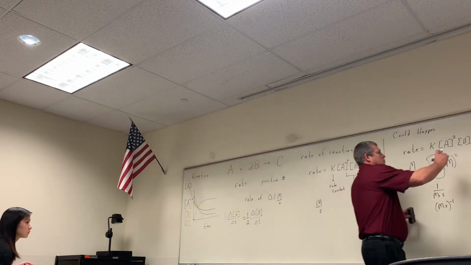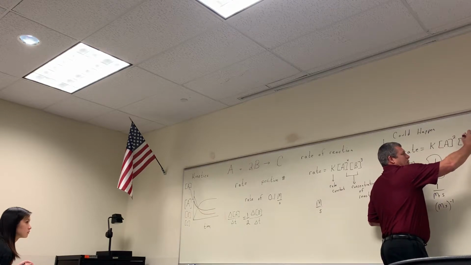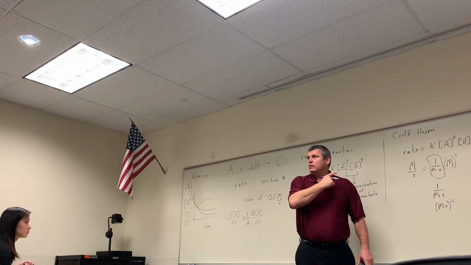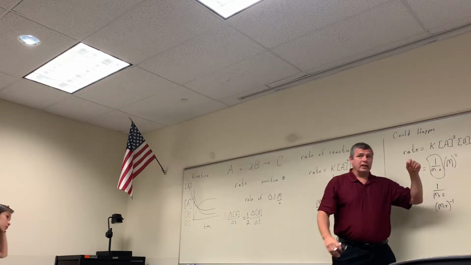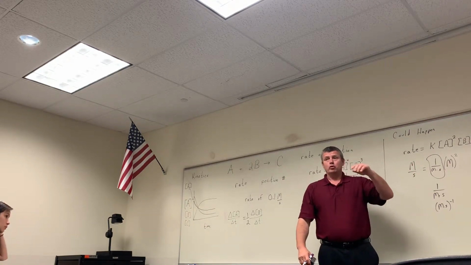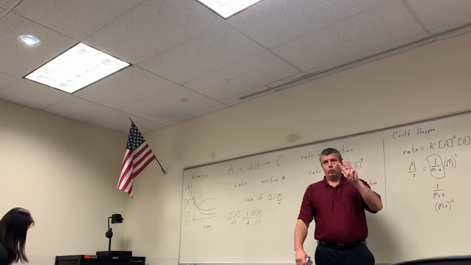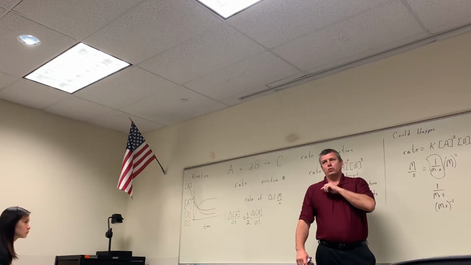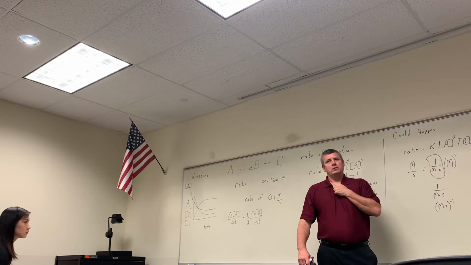Let's do a quick example. If that were there, and we wouldn't write the 1, but if you want to see it, this reaction now is second order in A, first order in B, third order overall. This is a third order reaction, second order in A, first order in B. Does that make sense?